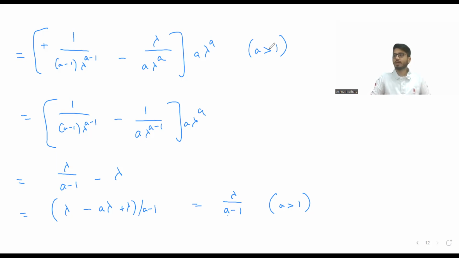So keep in mind, this was one technique where I added lambda and subtracted lambda to begin with. That was the manipulation. Alternatively, you can do integration by substitution. In case you need to calculate expectation x square or expectation x cubed, and so on.